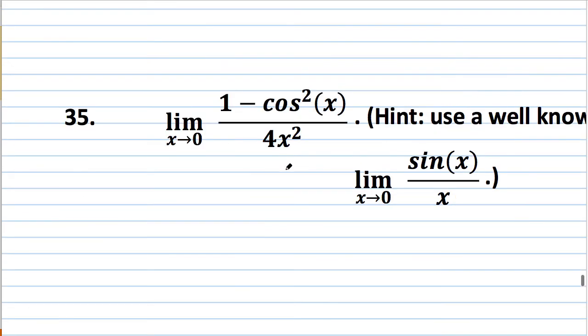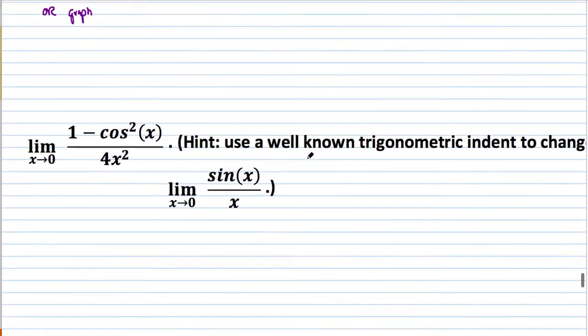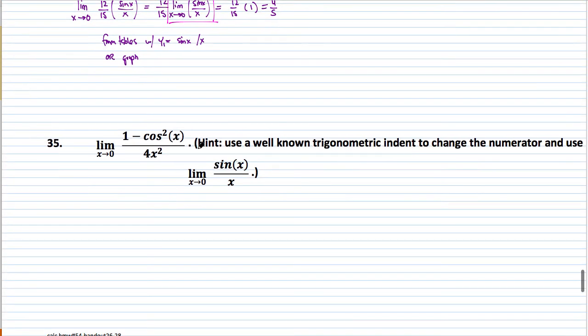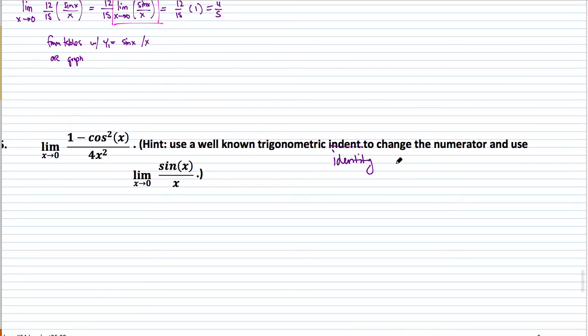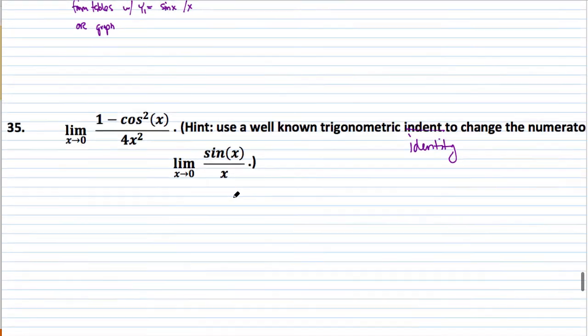So moving on, 35. In this problem, we have a kind of terrible looking setup, but it is suggested to use a trigonometry identity to change the numerator and use our limit that we just discussed in 34.